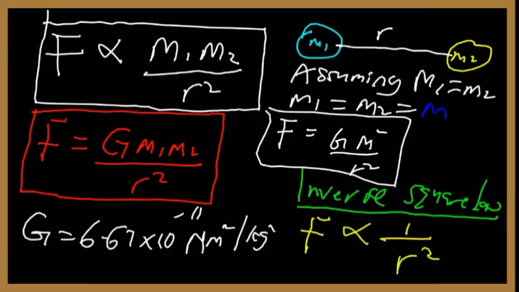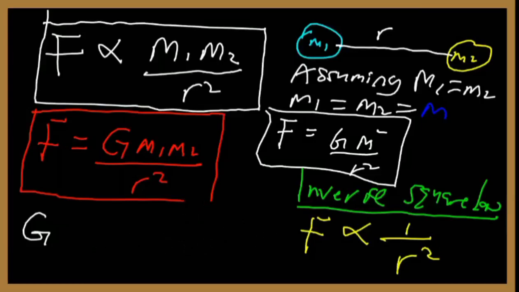Let me erase this part. Then after that, I'll say F is inversely proportional, or let me introduce equal to, and I have a constant k all over r square.